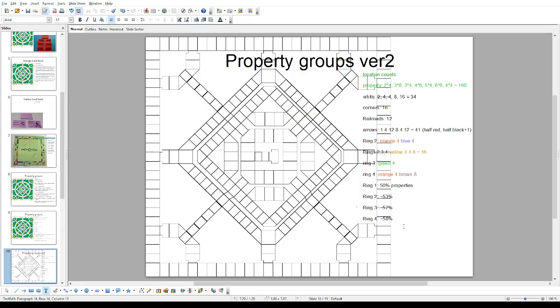Okay, so the inner ring, each side has a length of 4. Okay. Second ring has 12. Third ring has 14. And the outer ring has 24.